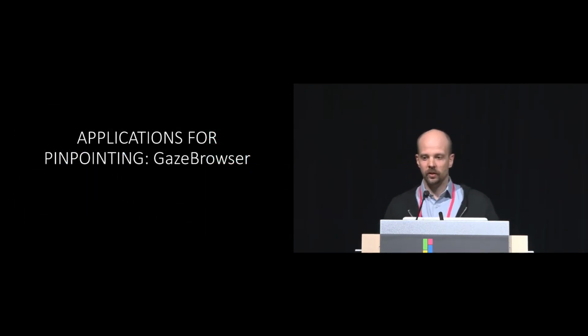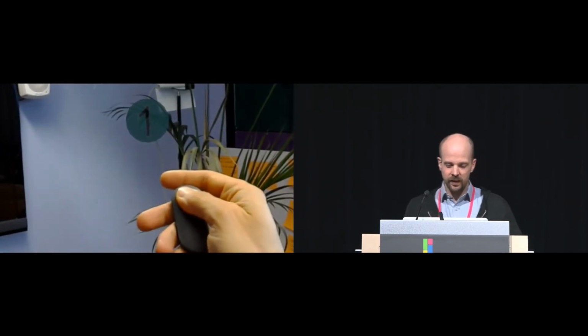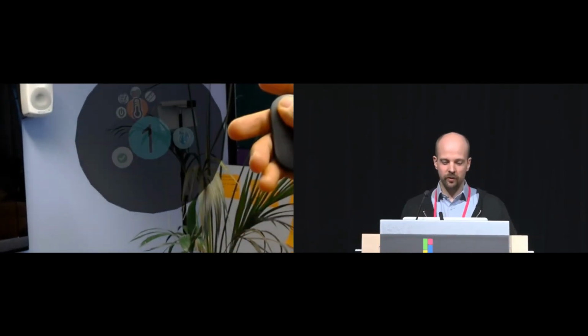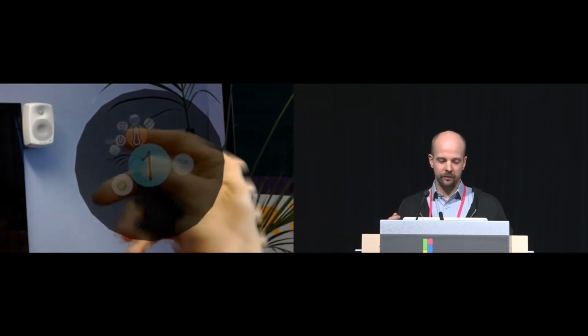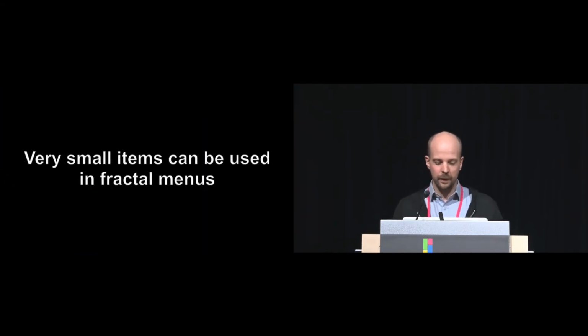So then we showed 2 applications for pinpointing. The first one is the gaze browser, for accurate menu selection. Here's an example video of how the gaze browser works. The user can look at the menu and then make the menu selections using refinement techniques.